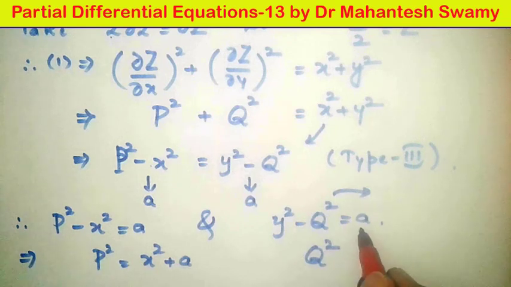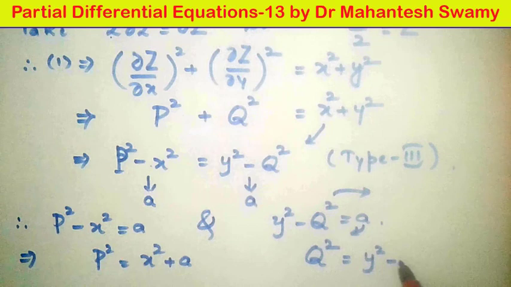Let us write it first, and A taken to the left-hand side becomes minus A. Therefore it is y square minus A.